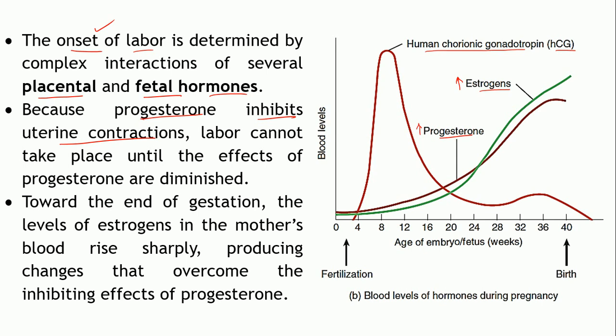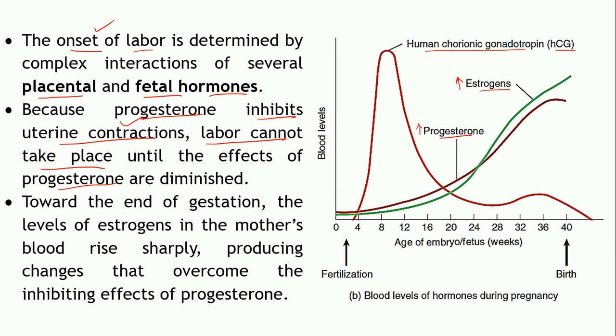So unless the levels of progesterone are maintained high, contractions of the uterus will not take place, so labor cannot take place. Unless the effect of progesterone is diminished, these uterine contractions cannot be initiated.